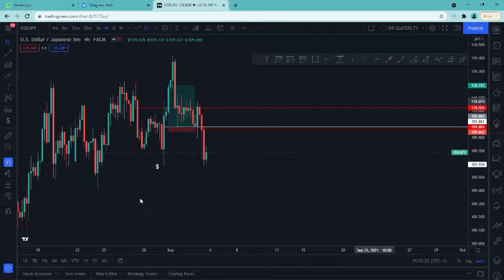Okay, so what do we have here? To some people, this is another block. They will take it as the last bearish candlestick before the impulsive move. That's our bullish order block.